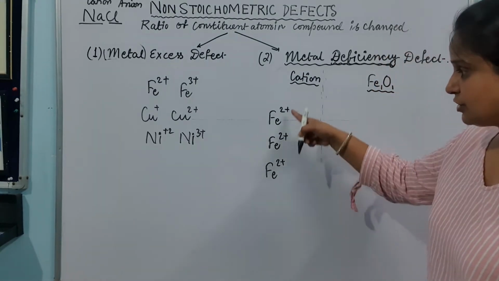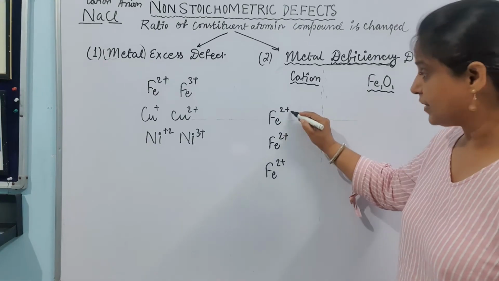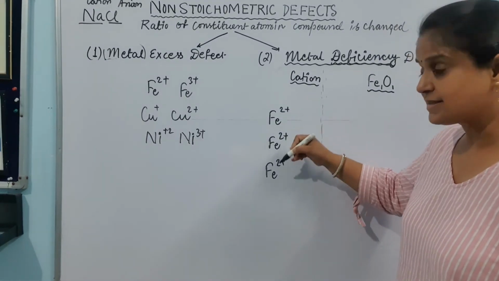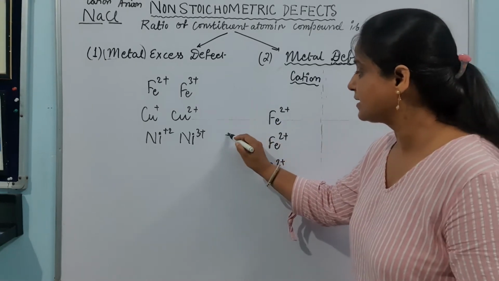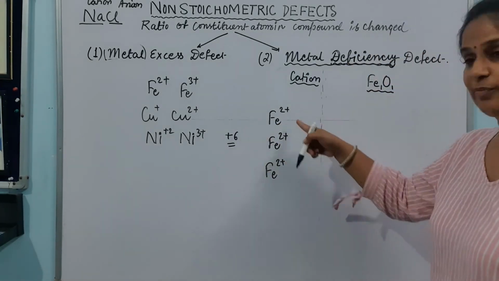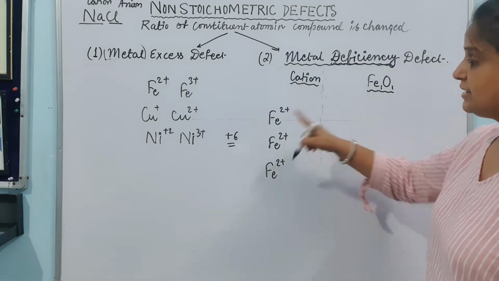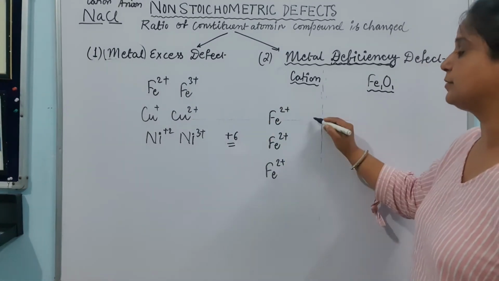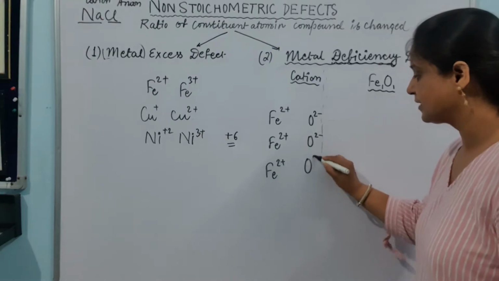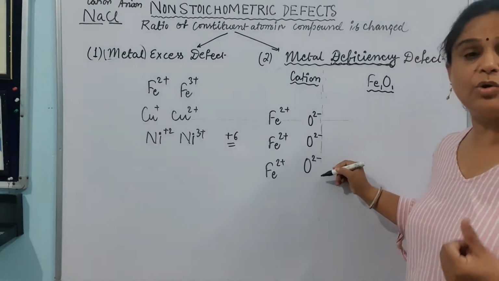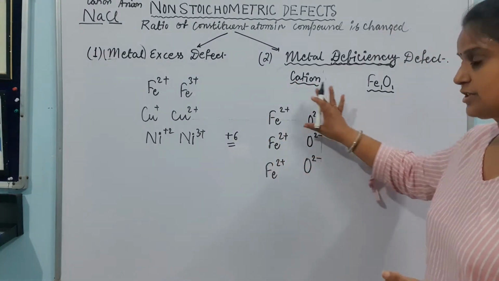To neutralize these 3 ferrous ions, 1, 2, 3, the charge is 2 plus 2 plus 2. There are 6 positive charges here because of these cations. These plus 6 will be neutralized by 6 negative charges, which are because of O2 minus. Now this is a neutral crystal.